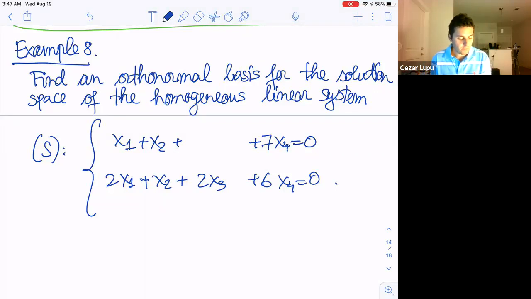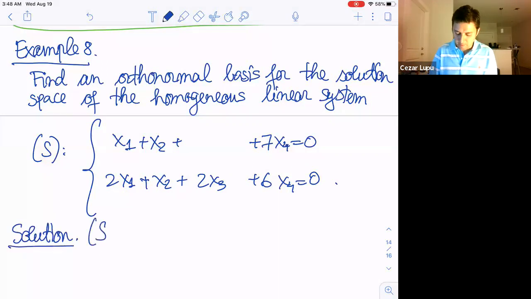And then guess what? For those two vectors, we'll apply the Gram-Schmidt orthonormalization procedure. So that's the story. Let me just give you the sketch, and I'll leave the details to you.